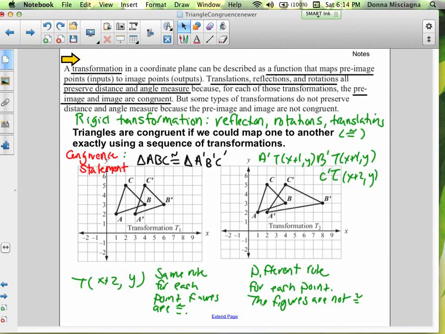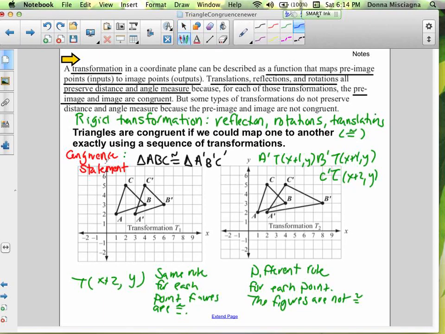And that's going to be true whether we're talking about a transformation in geometry, or later on in Algebra 2, pre-calc, or calculus. So translations, reflections, and rotations all preserve distance and angle measure because for each of these transformations, the pre-image and the image are congruent. Do you remember what we called a transformation where the pre-image and the image were congruent?